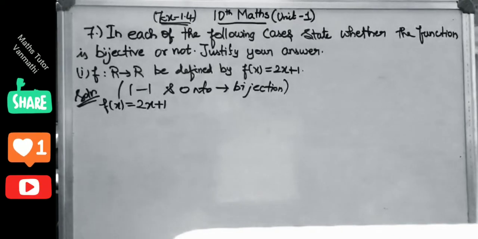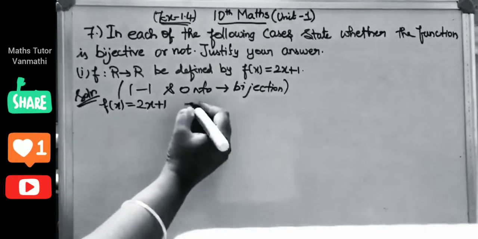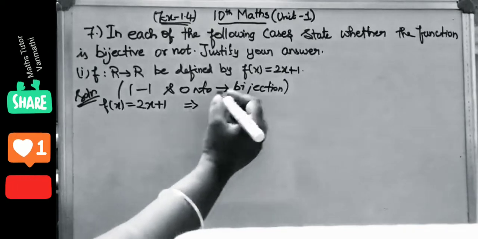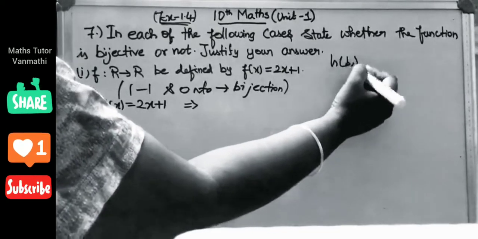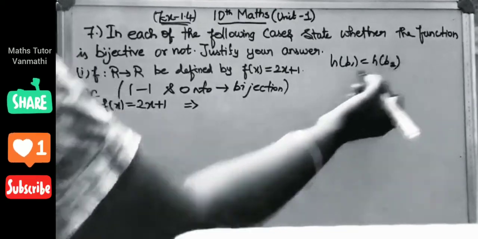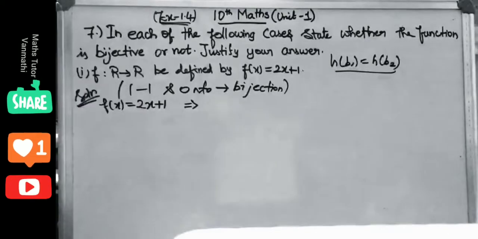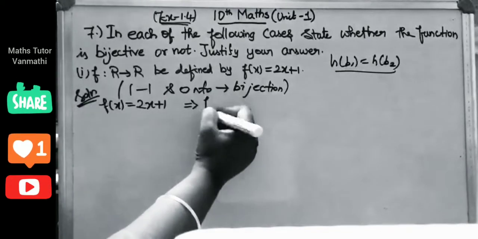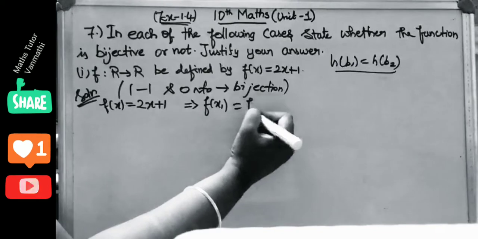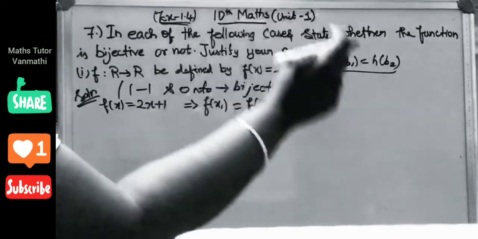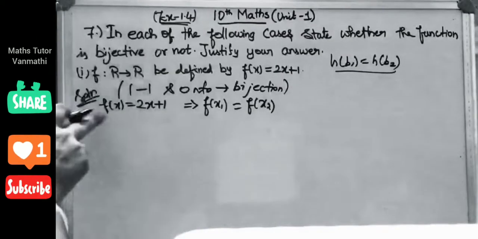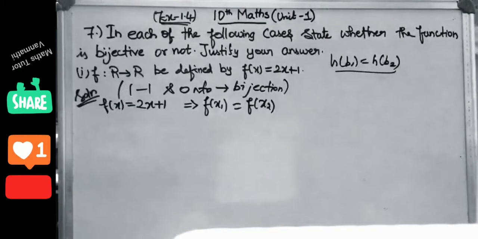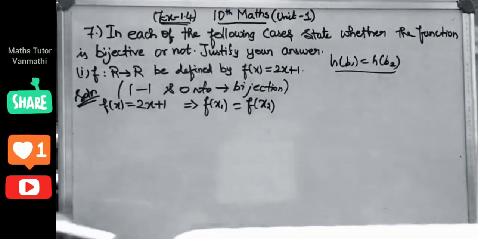In a previous problem, for the one-to-one condition we wrote h of b1 equal to h of b2. Using this only, we are going to find here f of x1 equal to f of x2. There the function is h of b, here the function is f of x, so we are changing it. F of x1 equal to f of x2.